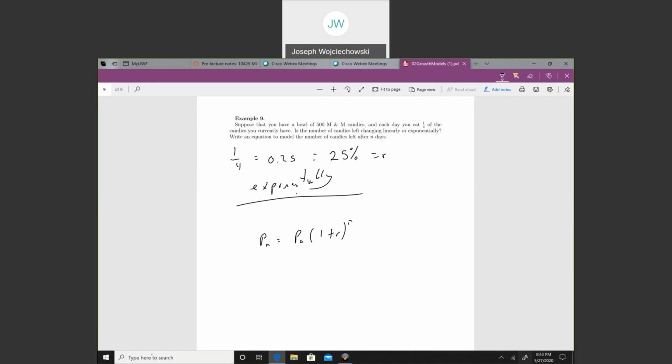P sub n equals, we had 500 to start with, 1 plus 0.25 to the n. It's shrinking. Don't forget the negative. So this becomes 500 times 0.75 to the n. And that's P sub n. And that would be it.